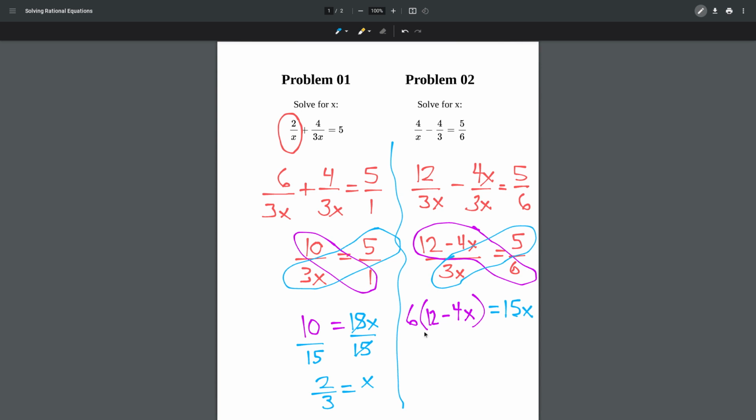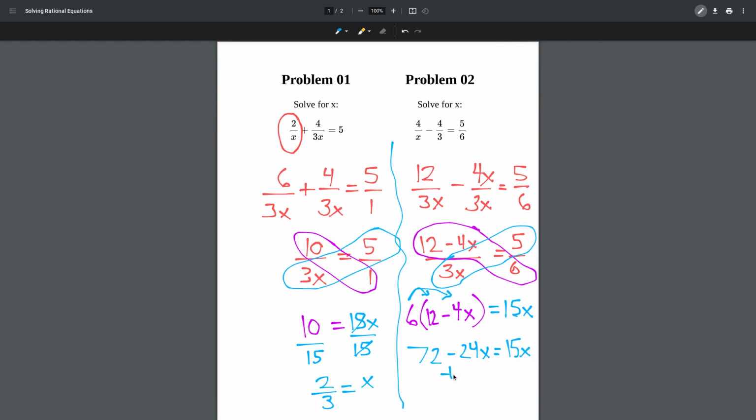All right, so now we can do this in a couple different ways. I'll distribute the 6. So 6 times 12 is 72. Minus 6 times 4 is 24x. And that equals 15x.